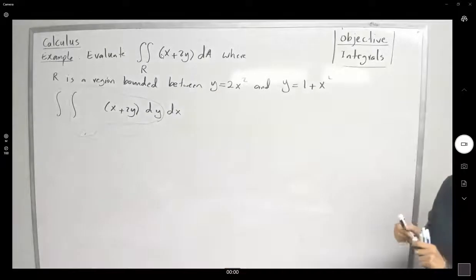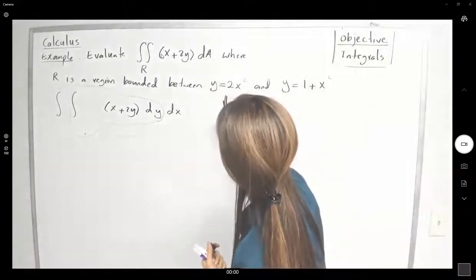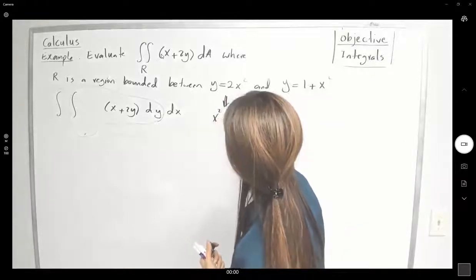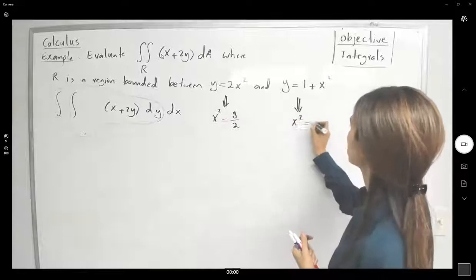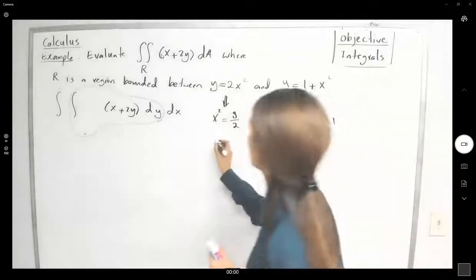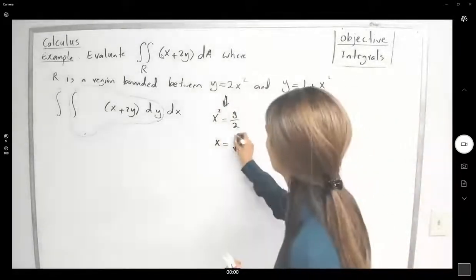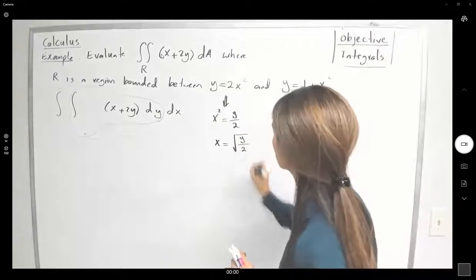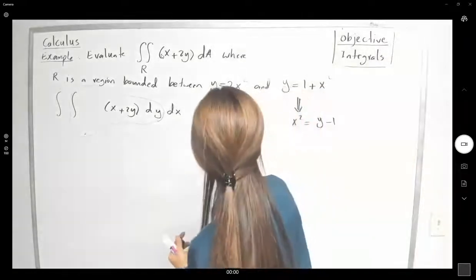So what does this guy tell me? This guy tells me that, well, here I have x squared equals y over 2. And this guy says, hey, x squared is equal to y minus 1. Then this tells me that x is equal to square root of y over 2, and of course, it has plus minus.